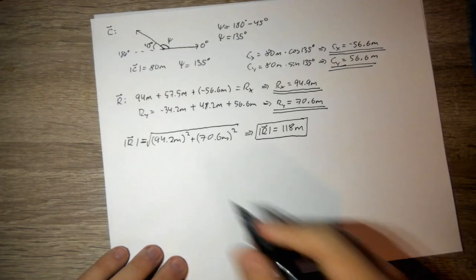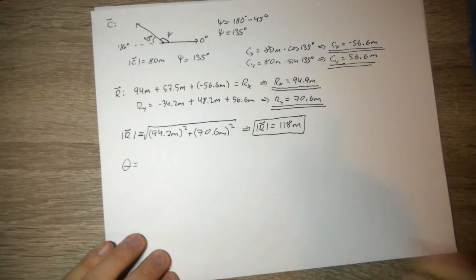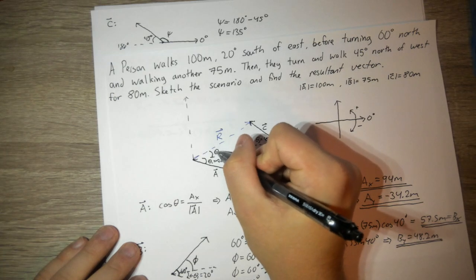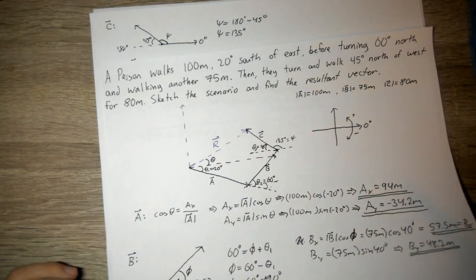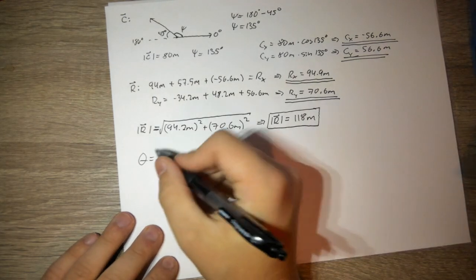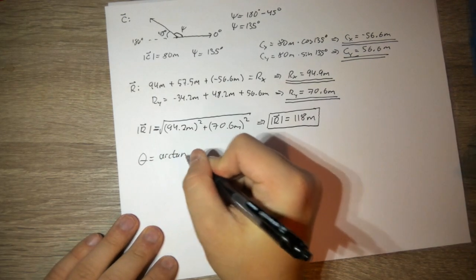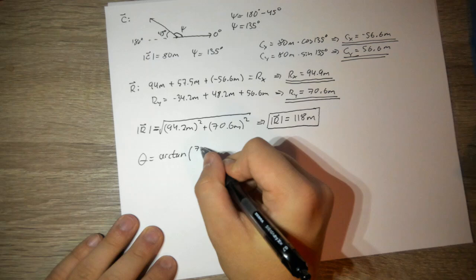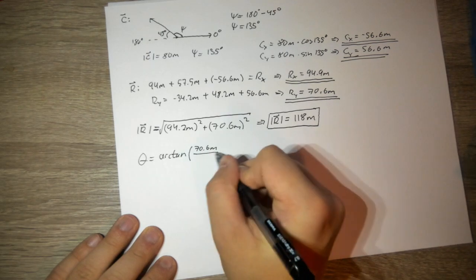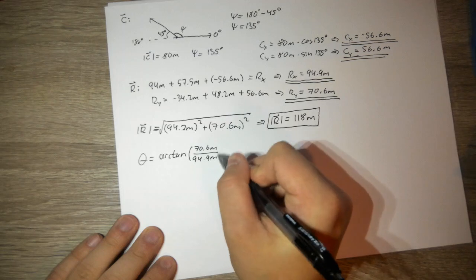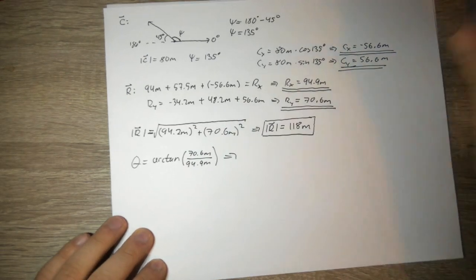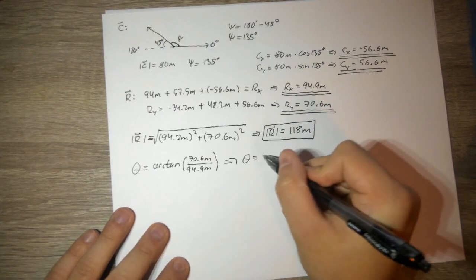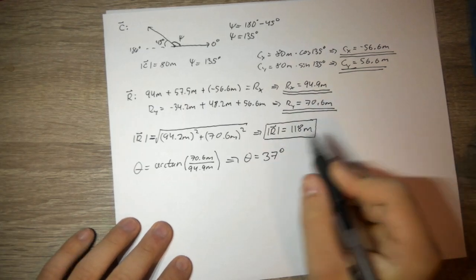And then finally, we can solve for the angle, which is just this angle here. We'll just call that theta. And that is the arctangent of the y component over the x component. Which, if we round the answer, is 37 degrees.